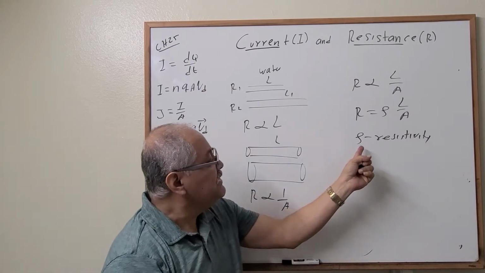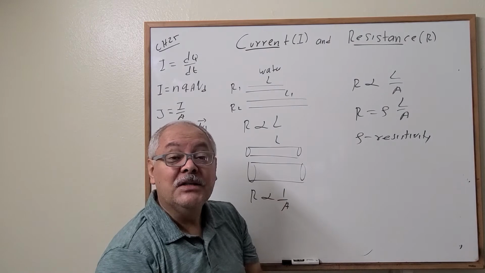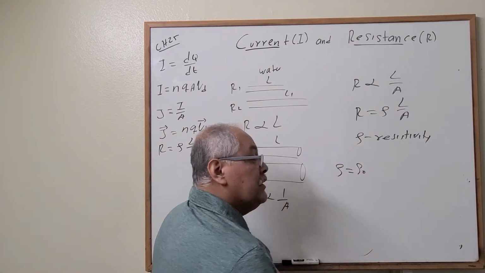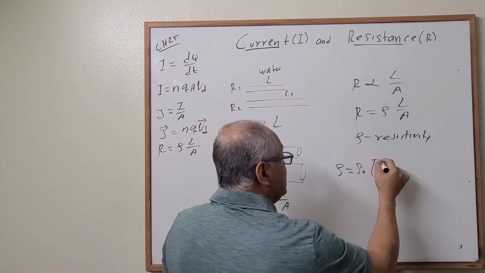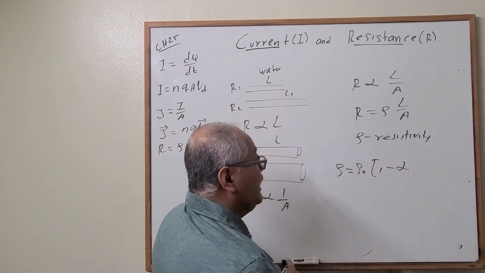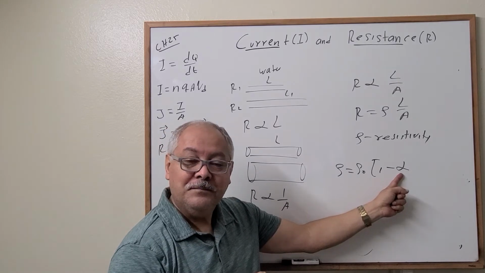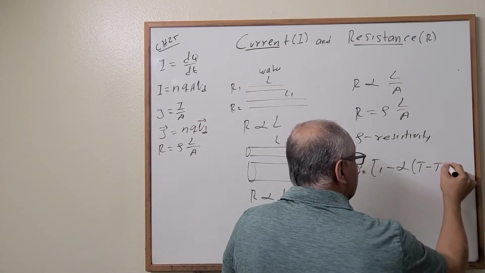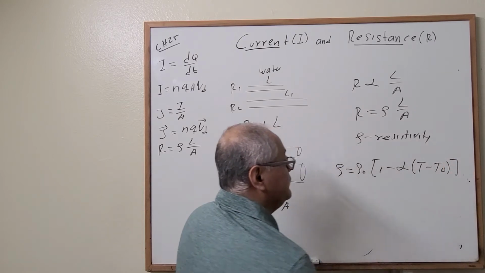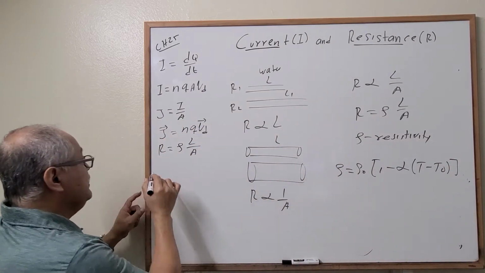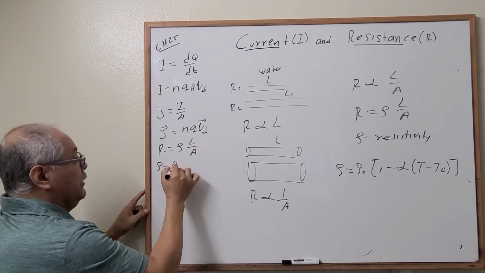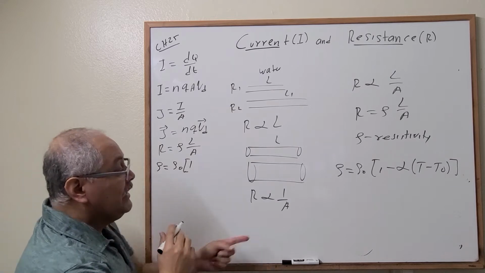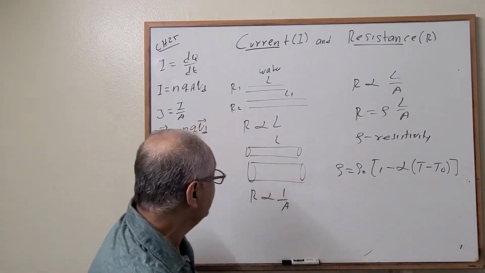But this resistivity depends on temperature. So it's found that the resistivity is equal to the initial resistivity times 1 minus a temperature coefficient of resistivity times the change in temperature. So this is the dependence of resistivity on temperature.